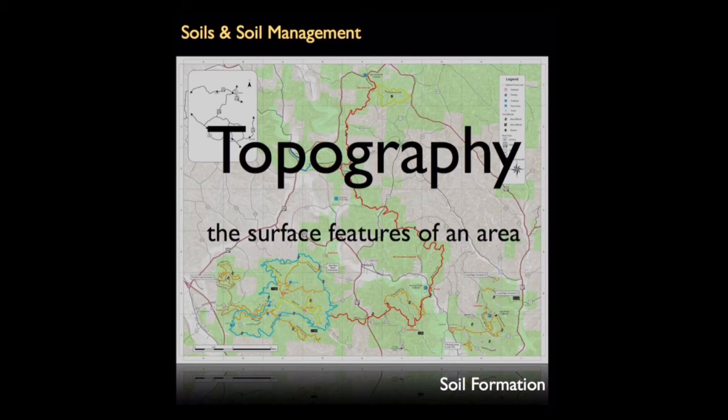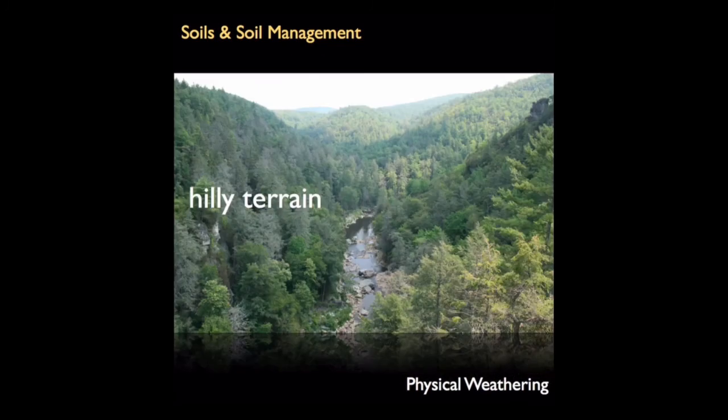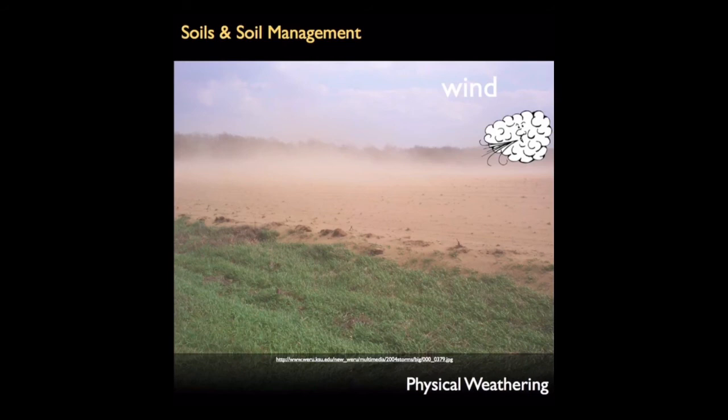Flat topography would have much less soil movement due to gravity and water flow than hilly terrain, where gravitational forces would cause particles and water to flow quickly downhill. However, wind tends to move soil more on flat than textured surfaces.